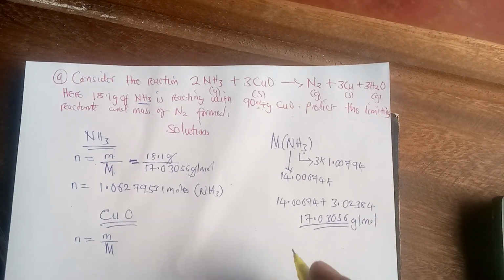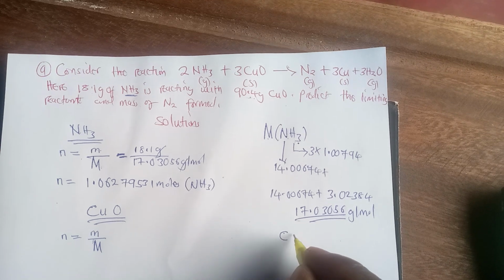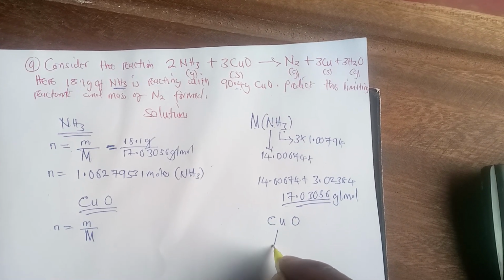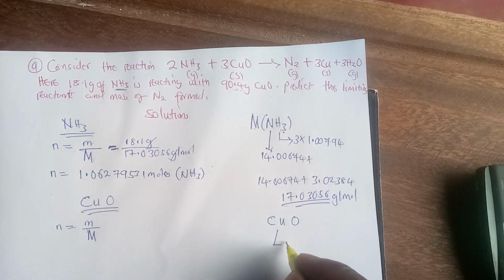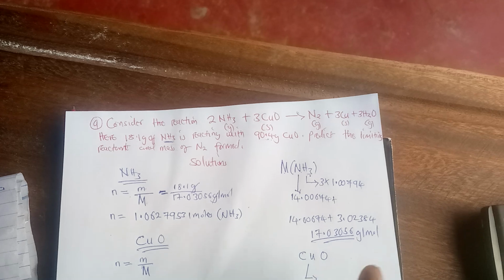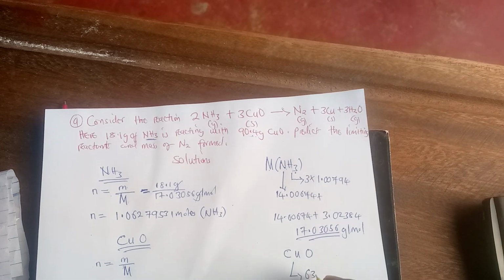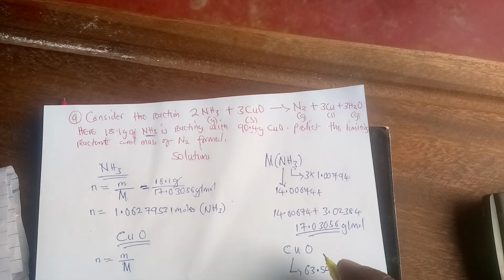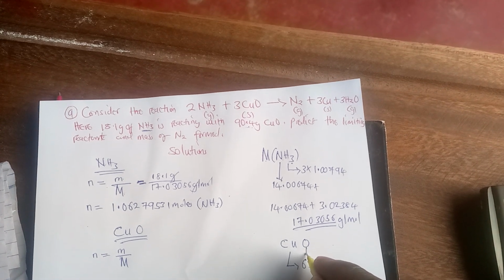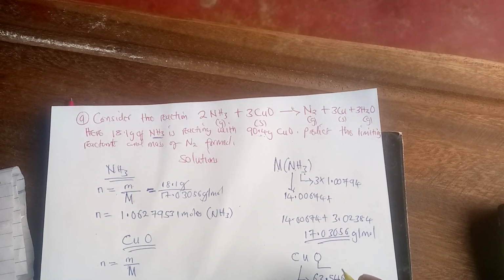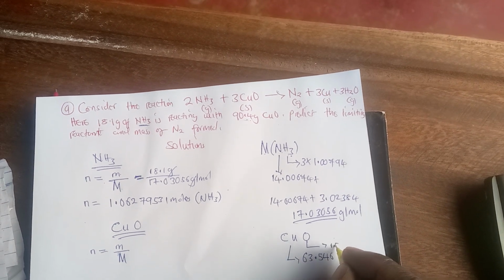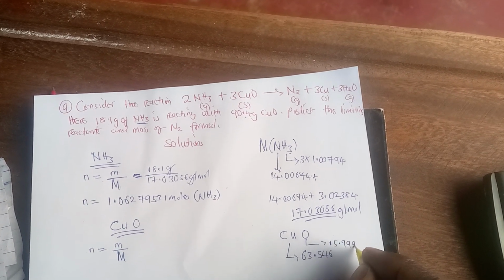Okay, so also here we need to get the molar mass of copper 2 oxide. So copper, from the periodic table that you gave me, it is 63.546. Then oxygen, it is 15.9994.